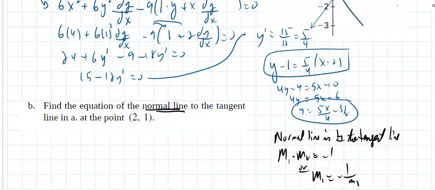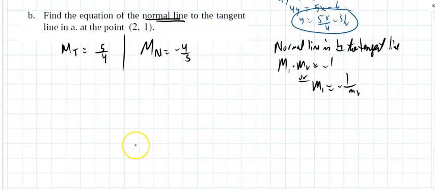The slopes are negative reciprocals. So if the slope of this line is 5/4, the slope of the normal line is the negative reciprocal. And the equation would be y minus y1 equal m into x minus x1.